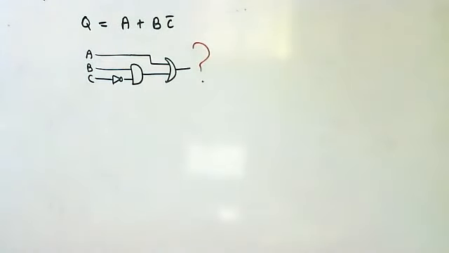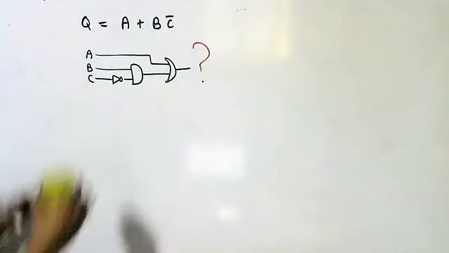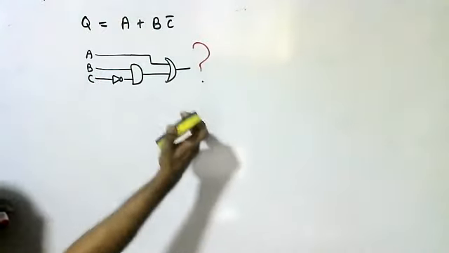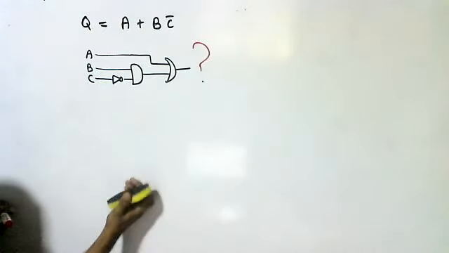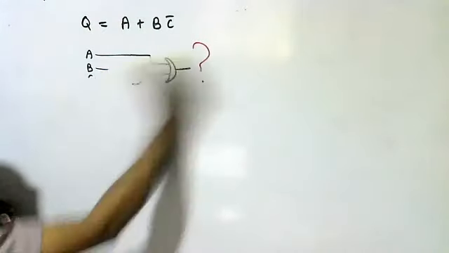I'll check it and explain it in the next class. Keep it as it is. While simplifying these kinds of expressions, we have to remember all the Boolean algebra laws. Then only it will be easy to simplify.